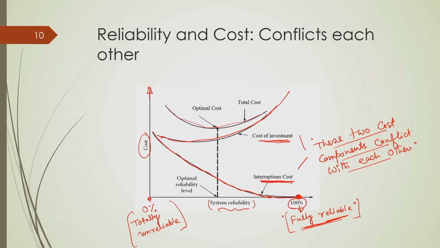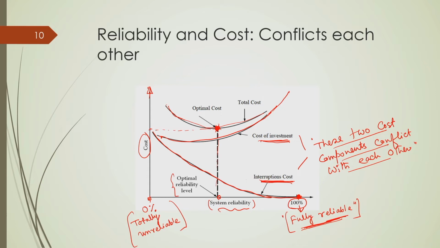Although it may not always be appropriate to aggregate both cost functions into the same cost function, if we do so, we will get this type of characteristic, where there will be a point with optimal cost, meaning the minimum cost, and corresponding to that there is an optimal reliability level.